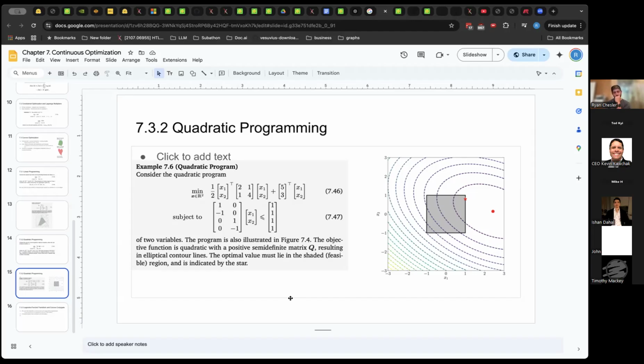I think there's definitely areas where you're doing optimization on physical things and there are clear constraints, but in a machine learning context, we don't typically have a constraint on our weights, for example. We're not saying it has to be between 3 and 5 or something like that.